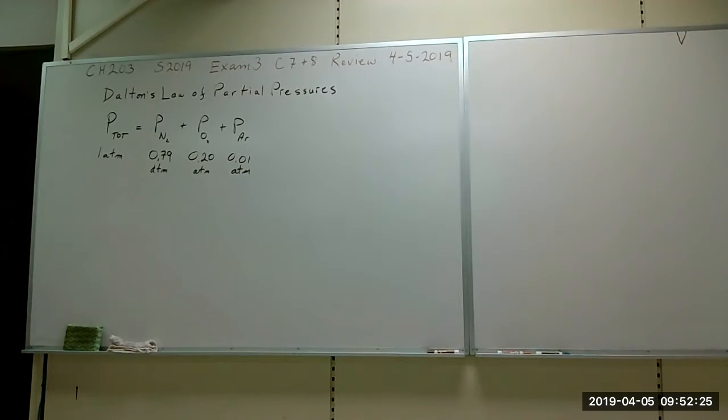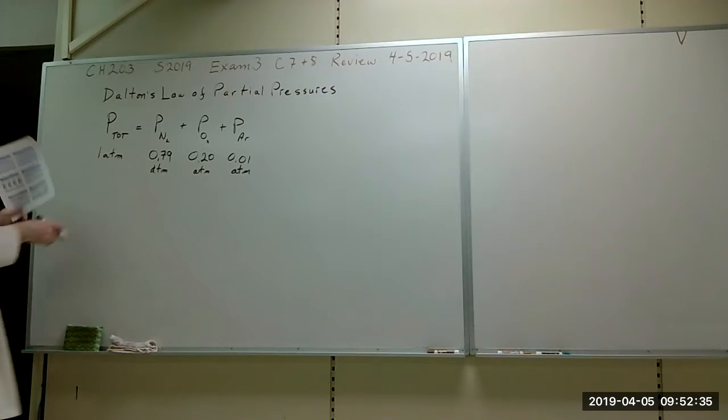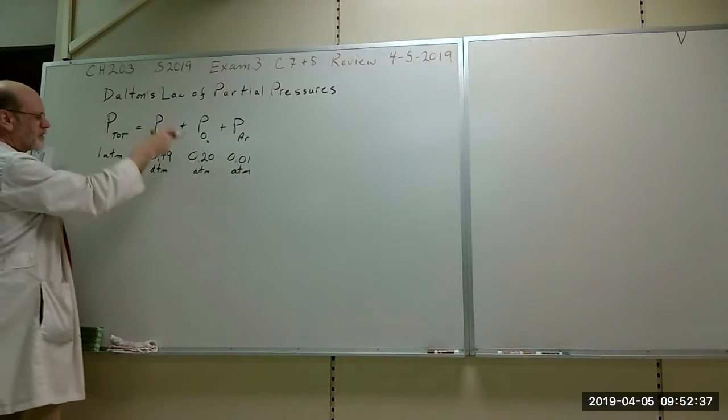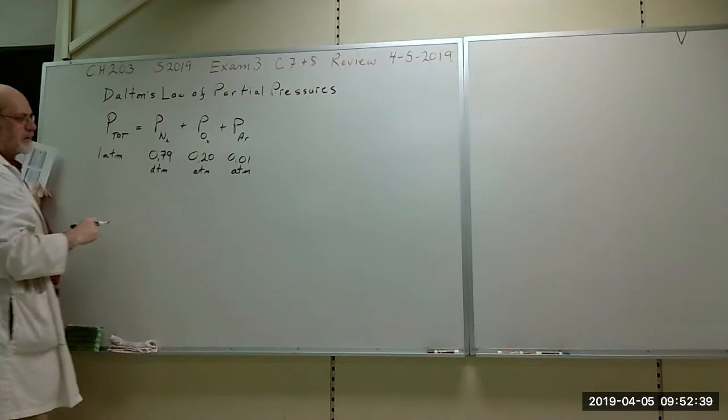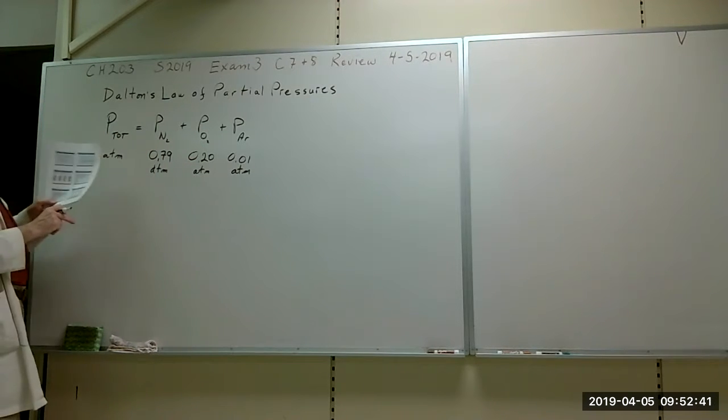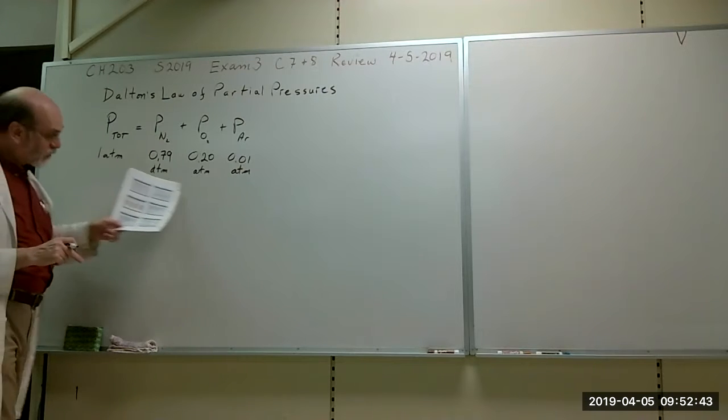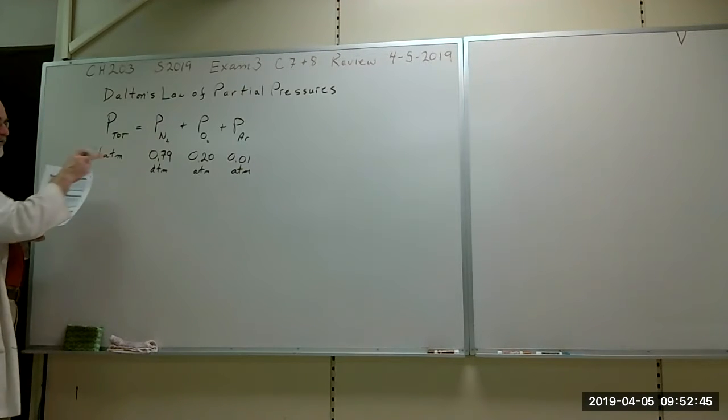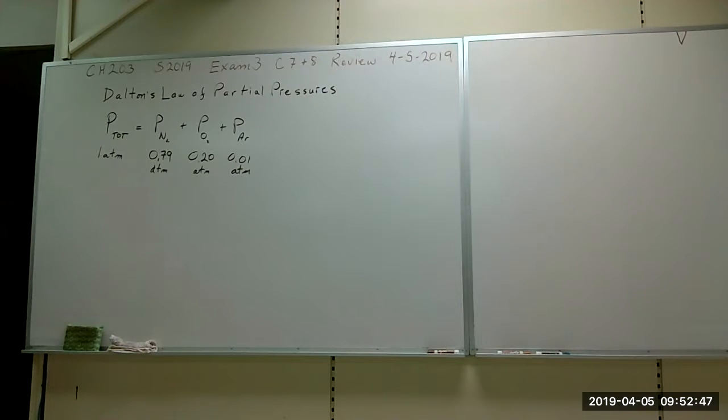Let's see. Before we try to solve a problem, there's another way to express this. Each one of these can be represented, of course, by pressure, but these are also proportional to the amount of each gas relative to the total.